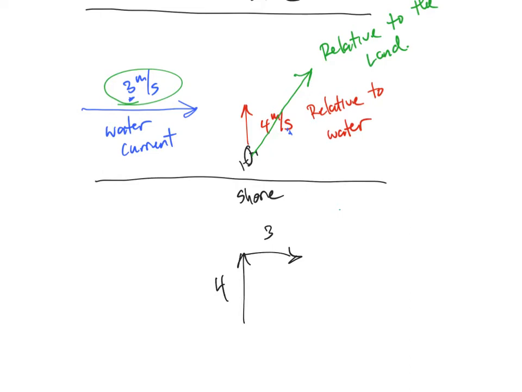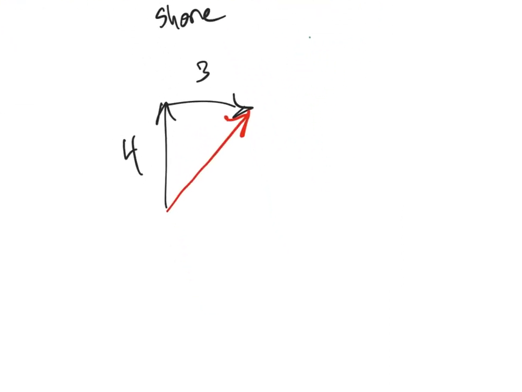Now to determine the overall resultant velocity, I'm going to use the Pythagorean Theorem. So maybe I'll zoom in on this. The resultant here, since it's a velocity, I'll call v. And v equals the square root of 4 squared plus 3 squared, which is the square root of 25, or 5 meters per second.